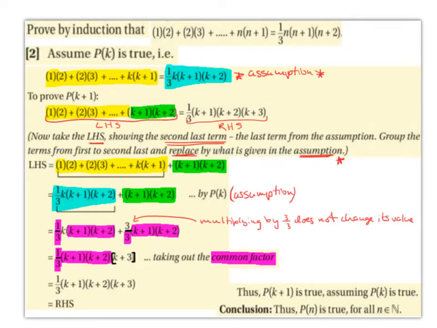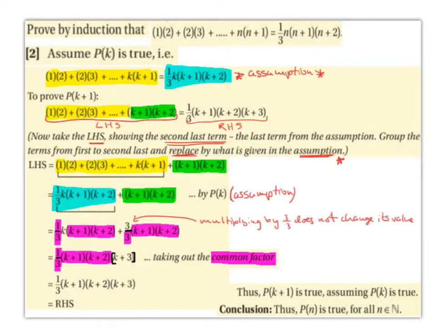What we have inside this line, highlighted in yellow, is the exact same as what's in the assumption on the left-hand side. So if this is equal to this in the assumption, then we can substitute in place of this a third times (k plus 1) times (k plus 2), because that was what our assumption was equal to.